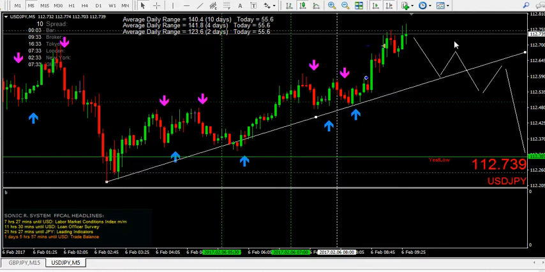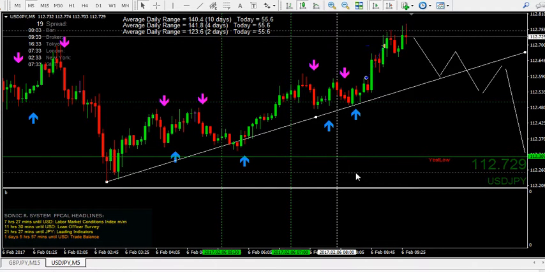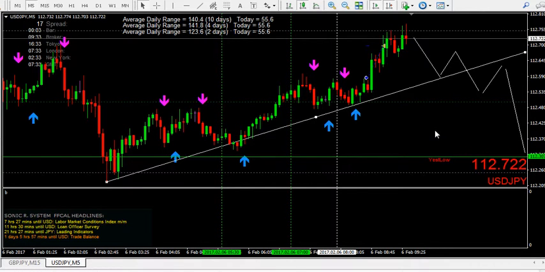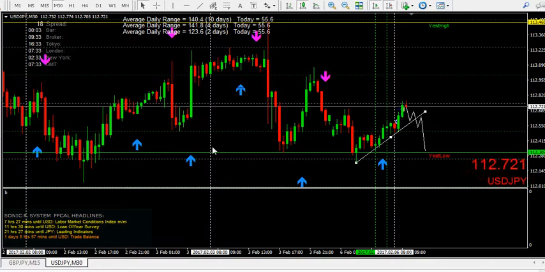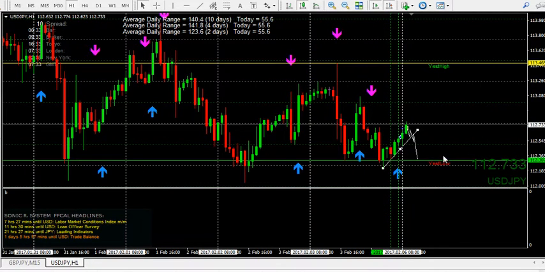But again, that comes with experience. So that's the trade of the day. So hopefully that is clear to you. 30-minute reversal, which is a 5-minute trend. There was an H1 reversal as well, but I preferred to build my assessment, if you like, on the 30-minute.